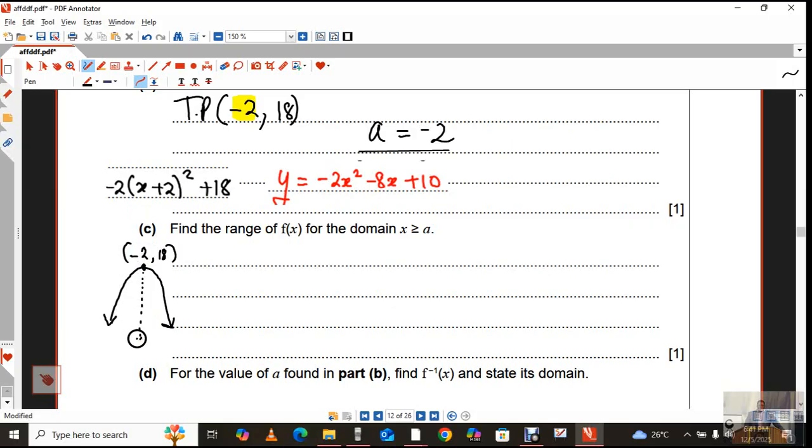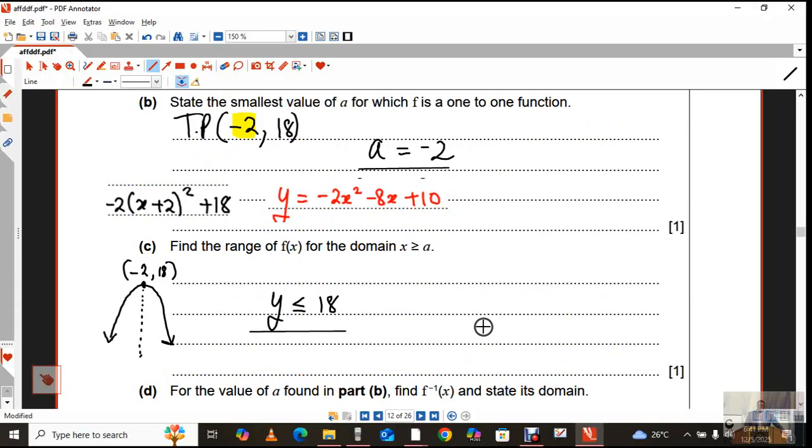So if you were to graph this, the range is going to be y less than or equal to 18, because the function goes down. That is how the range of this function will look like. That is the highest point. It's going to be 18, and then from there it goes downwards. So this function is what we call a maximum.